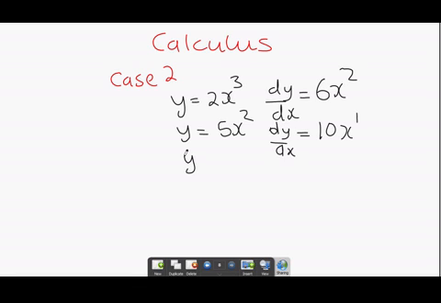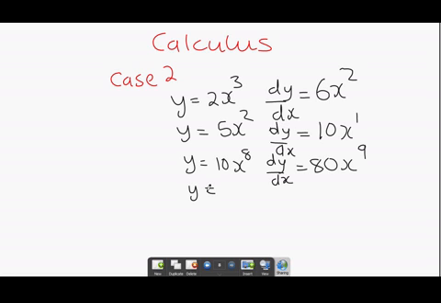So y is equal to 10x to the power of 8, and now dy/dx is equal to 80x to the power of 9. Do you see what has happened to the 8 and what has happened to the 10? Yes. Let's go on.